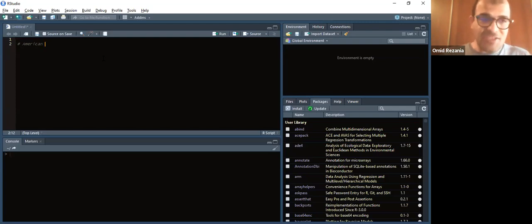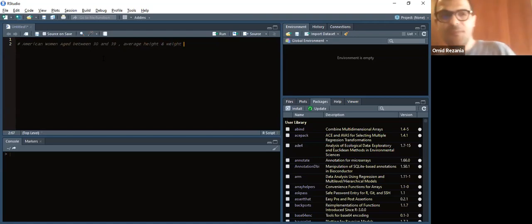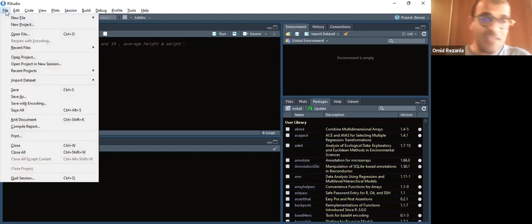Then it's going to be hashtag American woman height, aged between 30 and 39, average height and weight. This is a description which I write for myself, so when I come back anytime in future, I know what was done. These are the things which we did on Friday. I'm just going to review that.